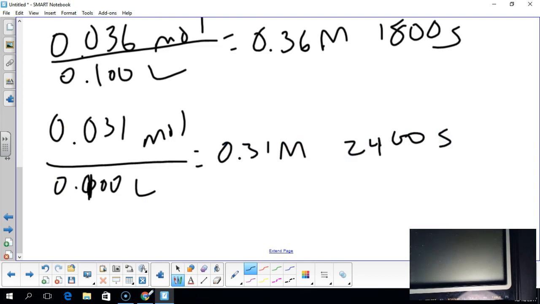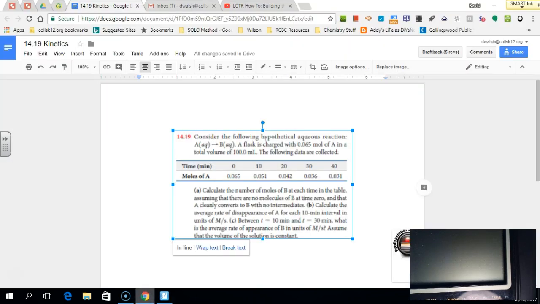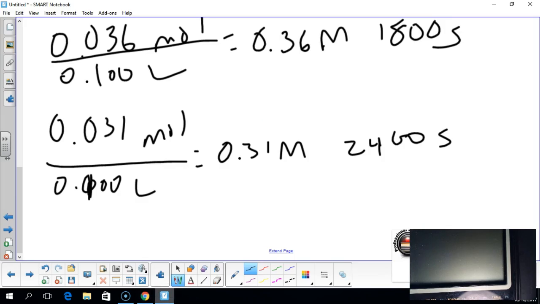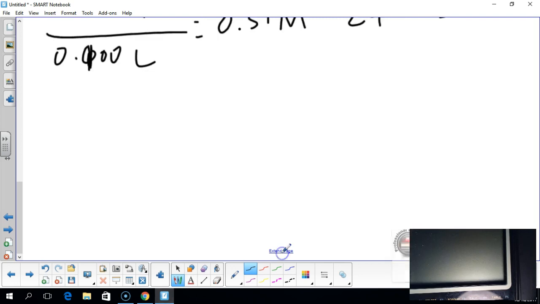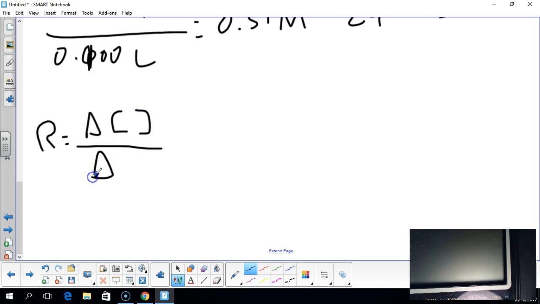Now that we've gotten everything in molarity and in seconds, we want to make sure we answer the question. It says calculate the average rate of disappearance of A for each 10-minute interval. Just keep in mind the rate is equal to the change in concentration over the change in time.